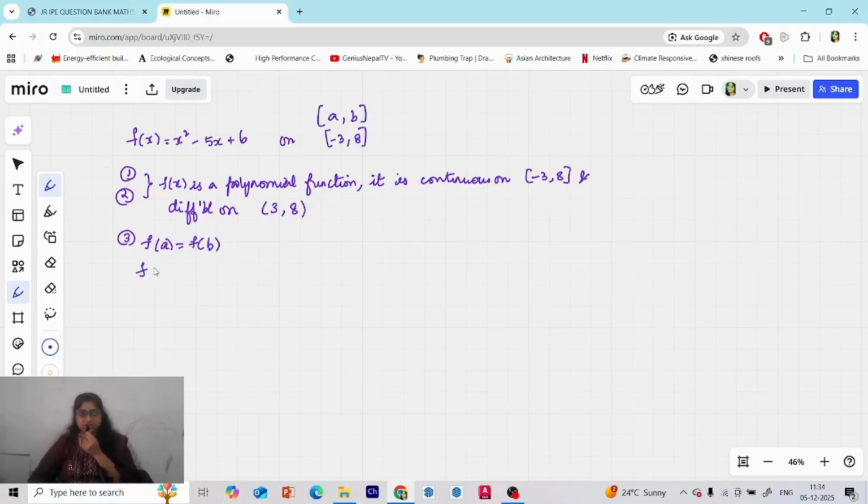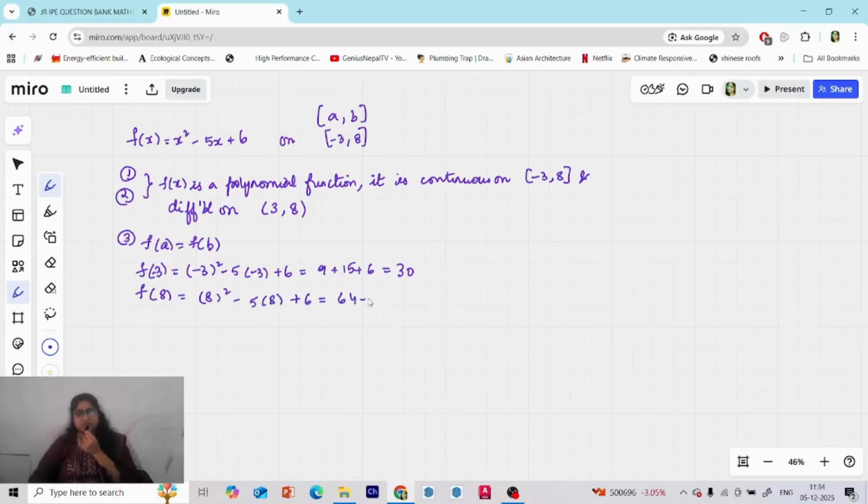So let's check that. F of minus 3 is equal to minus 3 whole square minus 5 into minus 3 plus 6. So it leaves us 9 plus 15 plus 6, which is 30. And f of 8 will give us 8 square minus 5 into 8 plus 6.